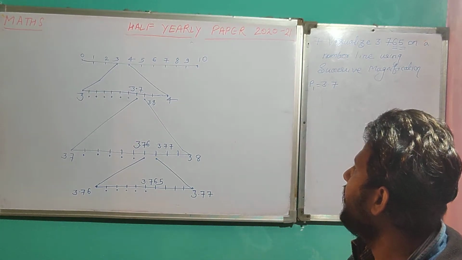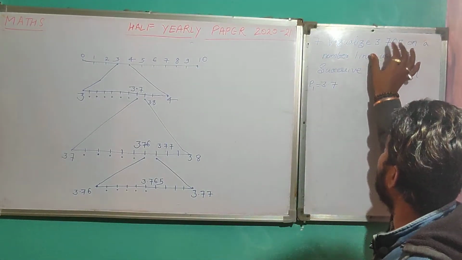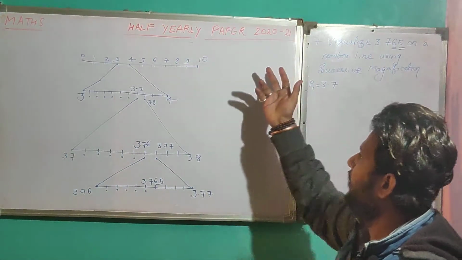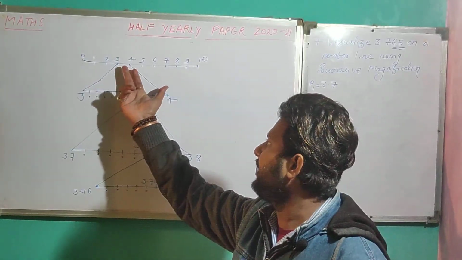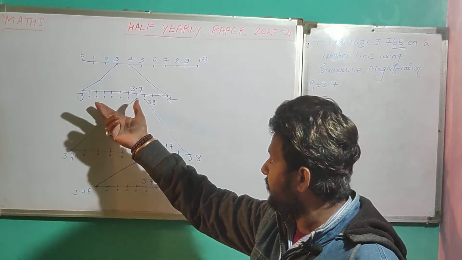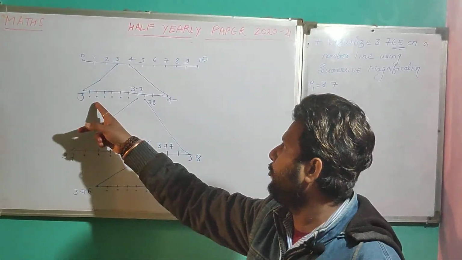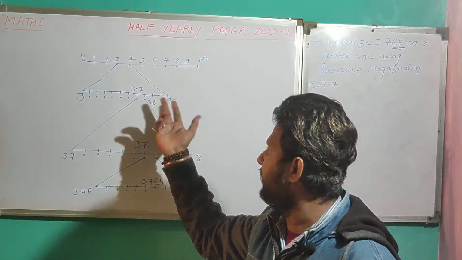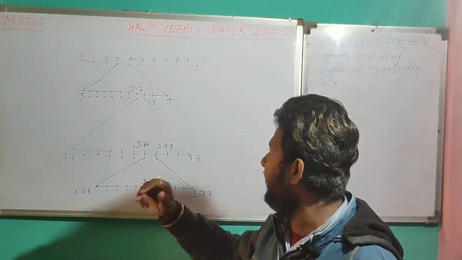What did we do? We took the point 3 and the next point is 4. We drew the line from 1 to 10, choosing those 2, 3 and 4. Now, magnifying the points between 3 and 4 as 3.1 to 3.9, choosing 3.7. Again, the next point will be 3.8.